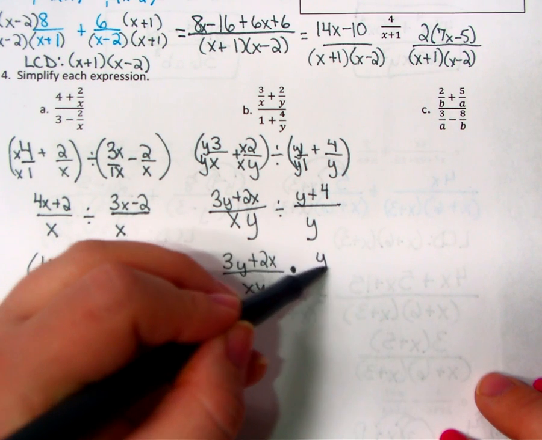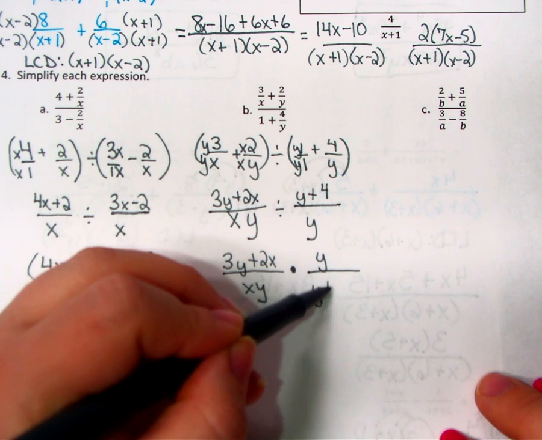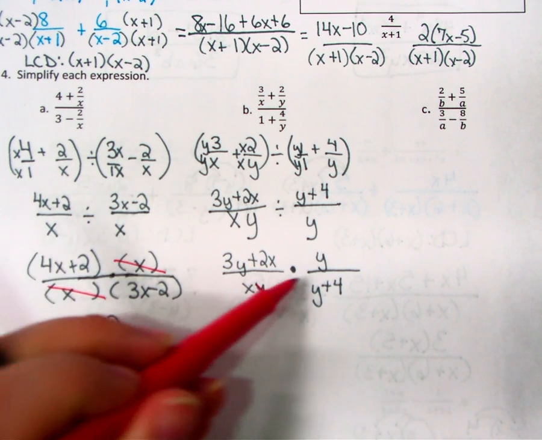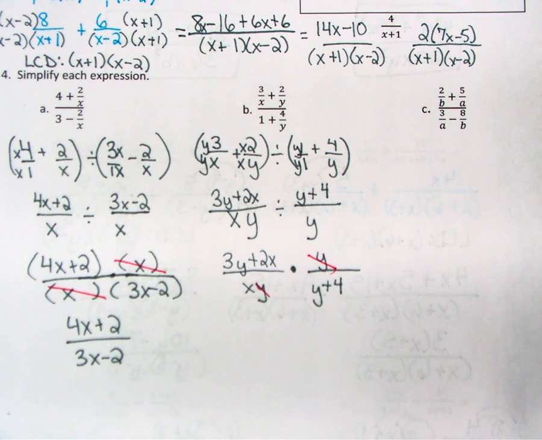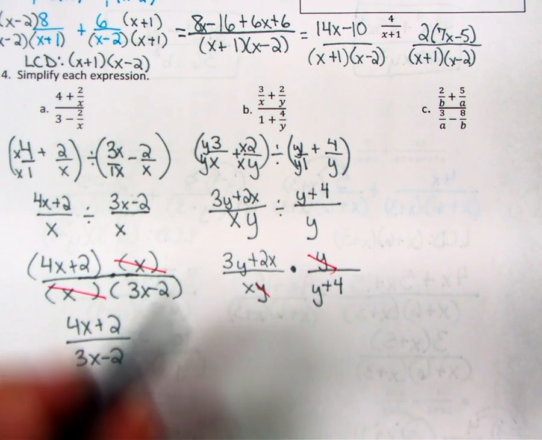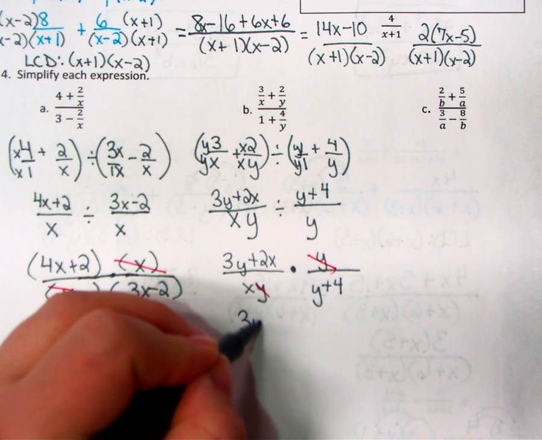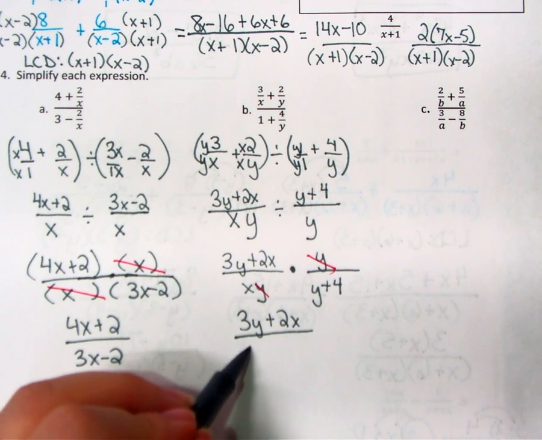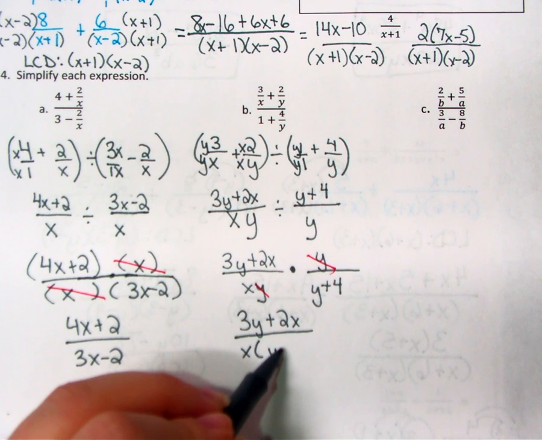The second one flips and we multiply. So I have a y on top and a y on the bottom. Those get to cancel out. And it leaves me with 3y plus 2x on top. And on the bottom, I have x times y plus 4.